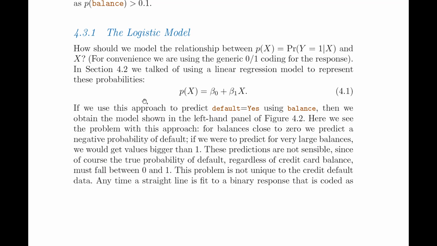In section 4.2, we talked of using a linear regression model to represent these probabilities: P of X is equal to beta naught plus beta 1 X. If we use this approach to predict default equals yes using balance, then we obtain the model shown in the left-hand panel of figure 4.2.